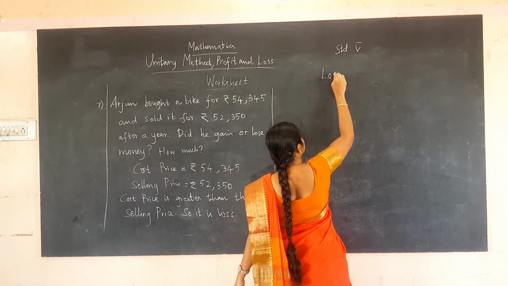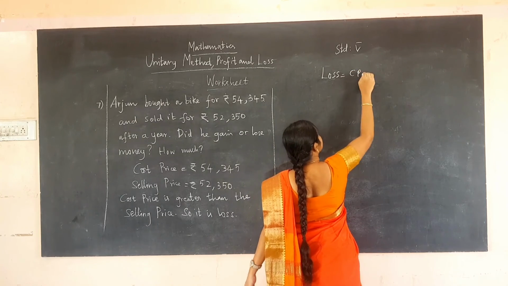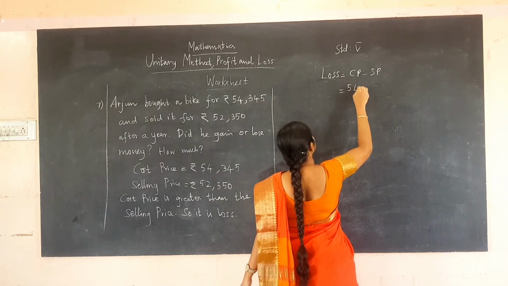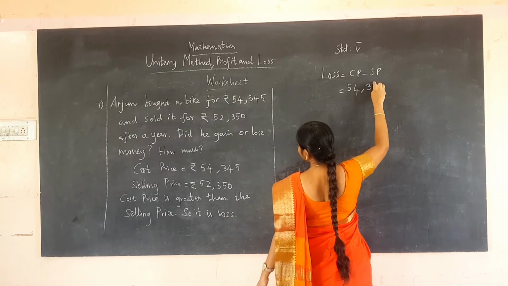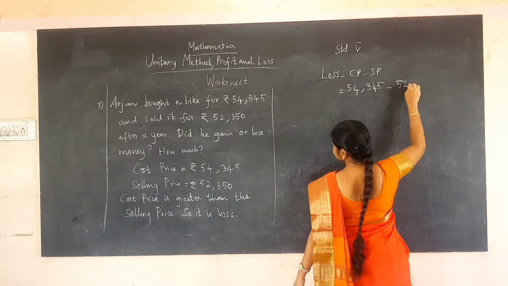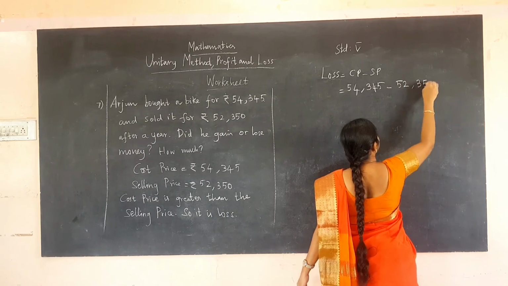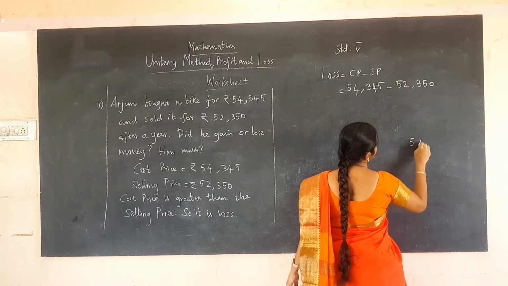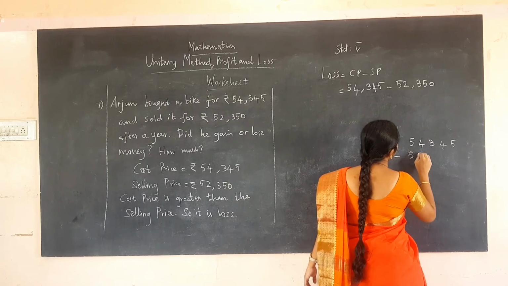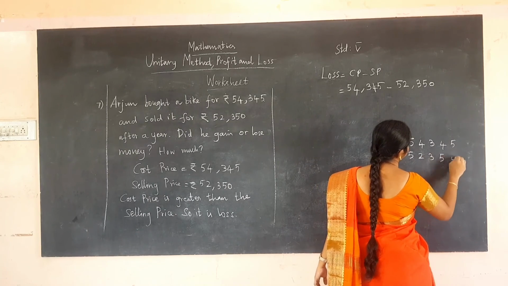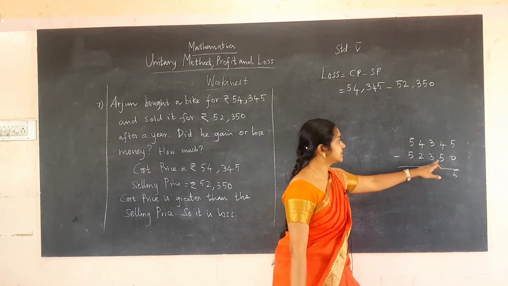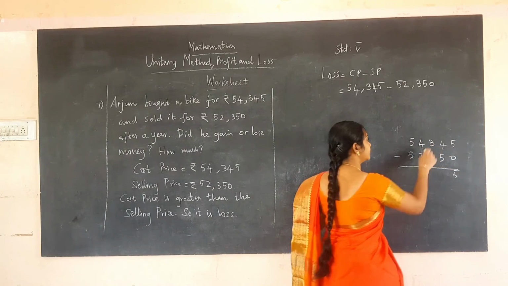So loss equal to cost price minus selling price. Cost price is 54,345 minus 52,350. Subtract. 5 minus 5 is 0. 5 is greater than 4, so borrow from the before number.